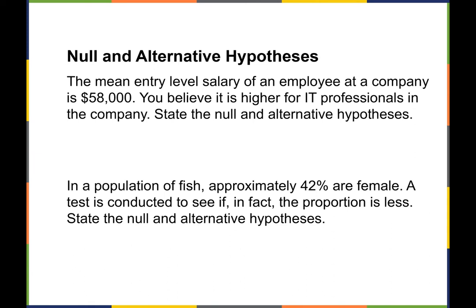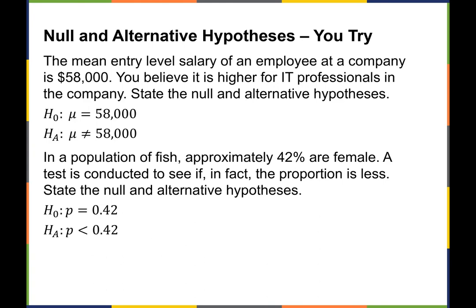All right, let's try the first one together. The mean entry-level salary of an employee at a company is $58,000. You believe it is higher for IT professionals in the company. State the null and alternative hypotheses. Well, it says the mean, so we know it's a population mean, entry-level salary is equal to 58,000.